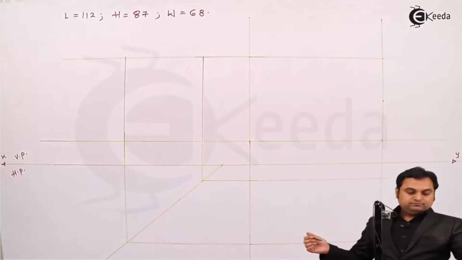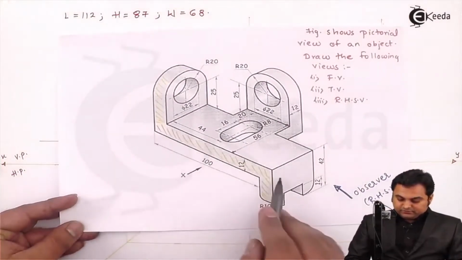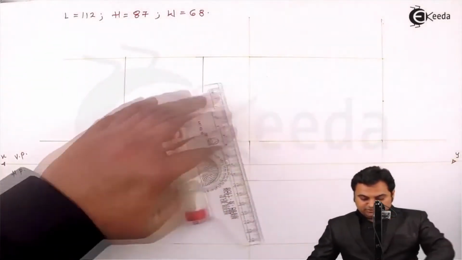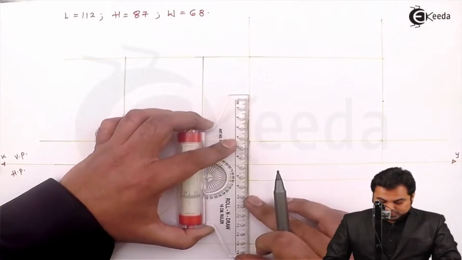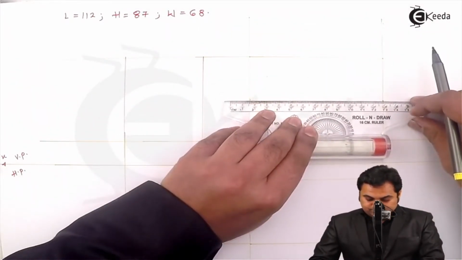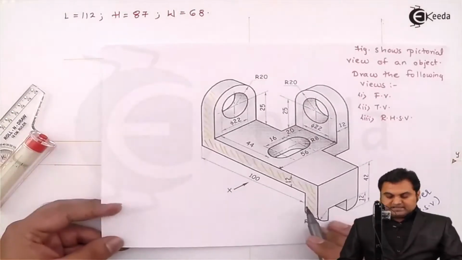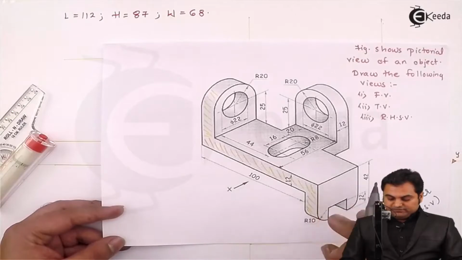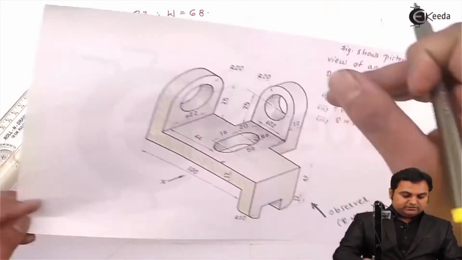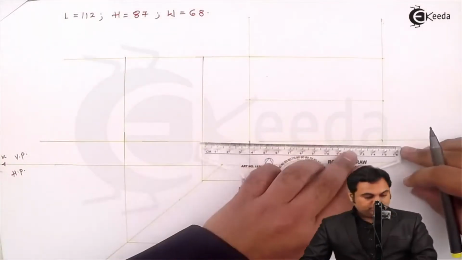and then through that I would be drawing a light horizontal line by taking a distance of 42 mm. Next, the plate has length 12, and this goes on continuing as the height and again the length of the plate. So I'm measuring the length of 12 mm.